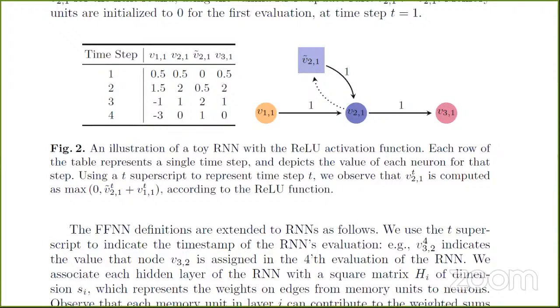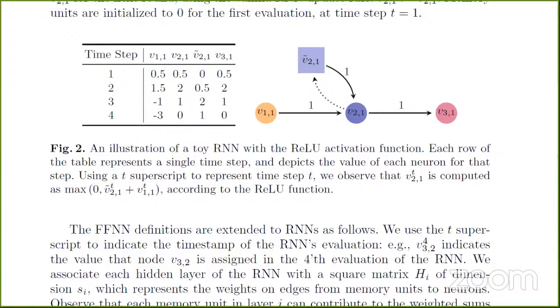Okay, so this is how it happens, except that now that half was calculated at 21, that half is stored into the memory unit 21 tilde, so that it is available at the next time step. So at time step 2, the input has changed, it has become half. Now what is the value at 21?